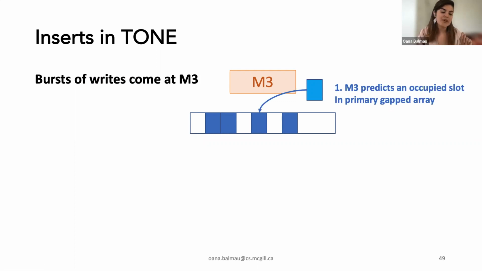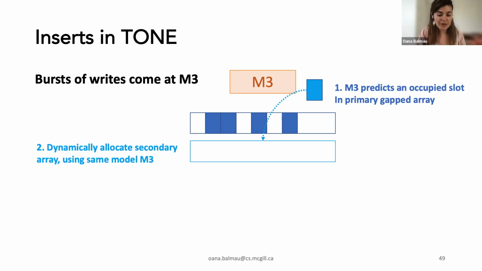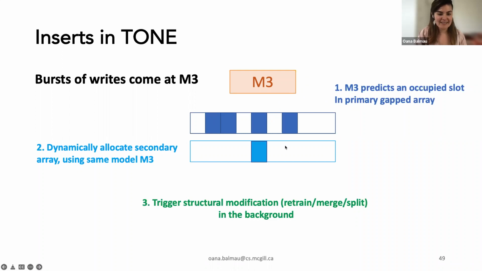And this is where we know that we are having some issues. So we would allocate a new secondary array that uses the same model as M3, and we place the new item here. At the same time, we say, okay, this node is getting too full, we might need to reassess.